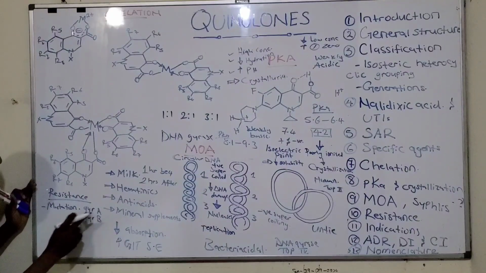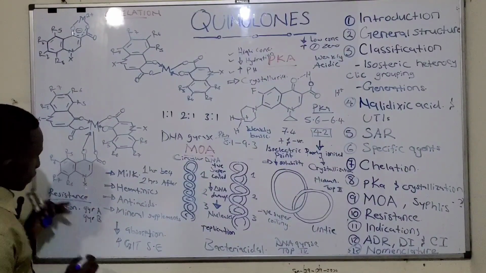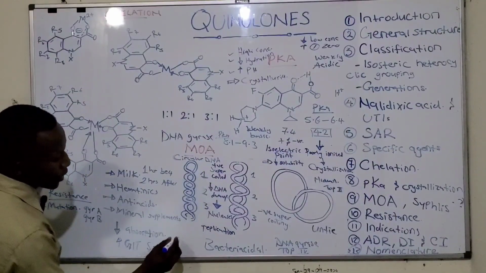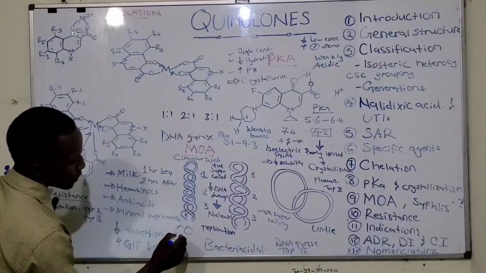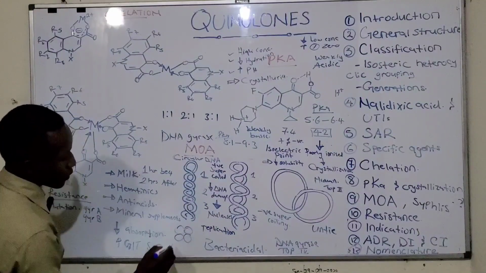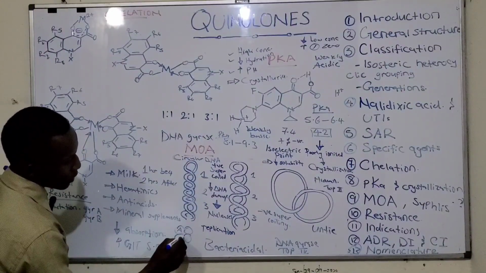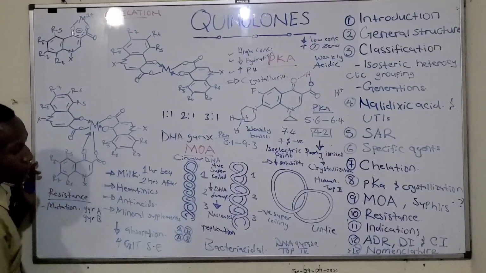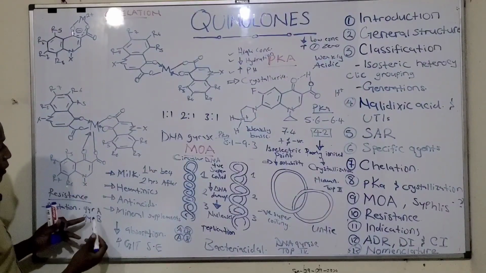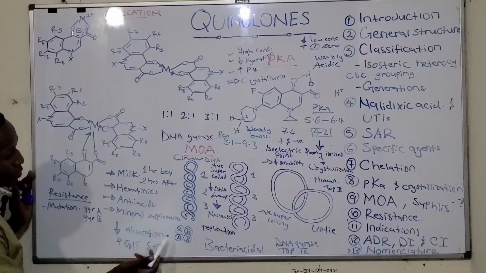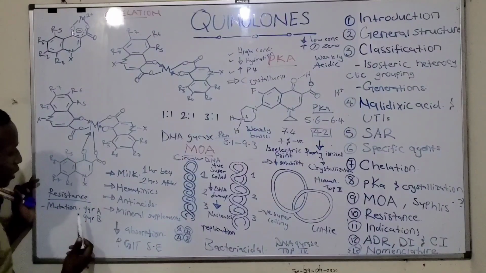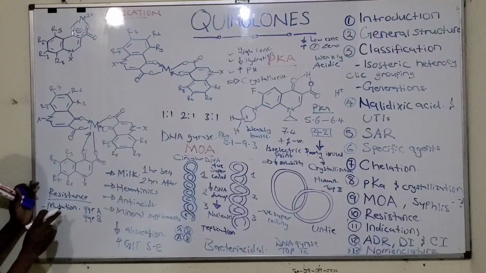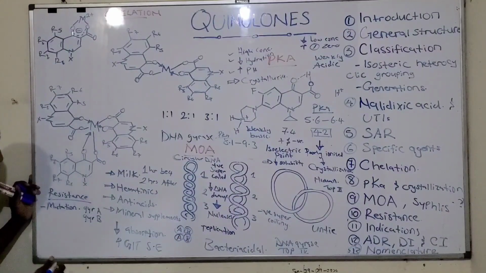Mutations in these two genes lead to the resistance. The DNA gyrase has 4 subunits. The A unit has 2 and B has 2 of them. So mutation in the genes responsible for the A subunits and also B subunits leads to reduced affinity for DNA gyrase.